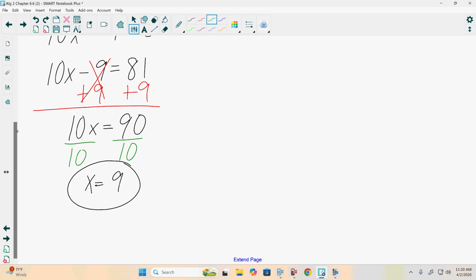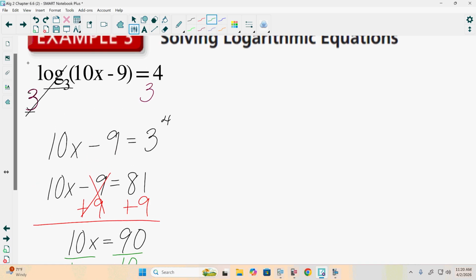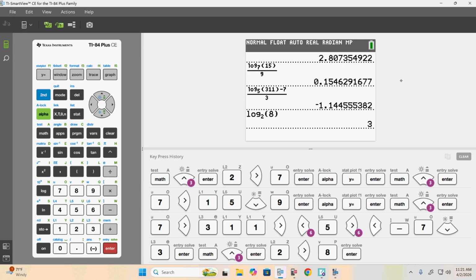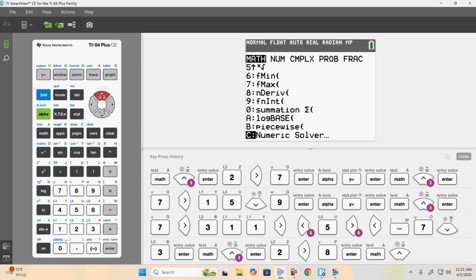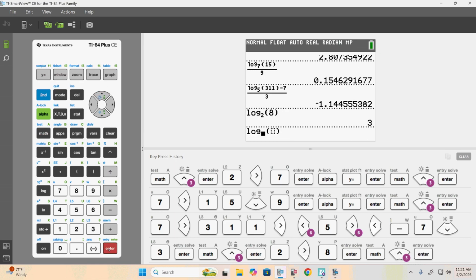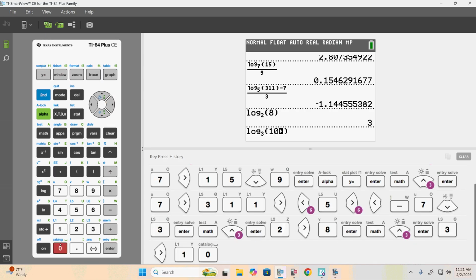Luckily for us, these are all going to work out, because if we were to check it, log base 3 of 10 times 9 minus 9, we're wanting to see if it equals 4. If I have the graphing calculator, I can go log base 3 of 10 times 9, minus 9, yes?